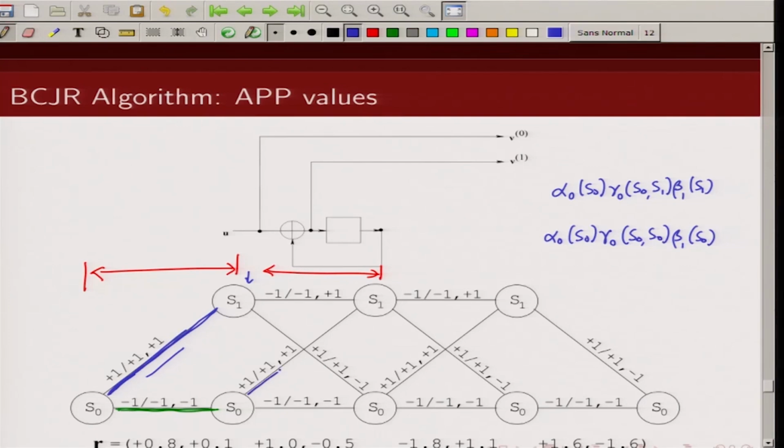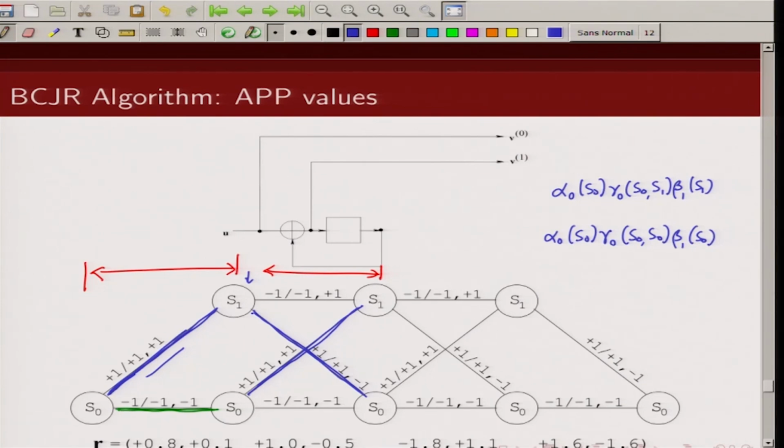One of them is this. You can see the information sequence is plus 1 when you go from S 0 to S 1, and another transition is this one. So, these are the two transitions corresponding to UL being plus 1.